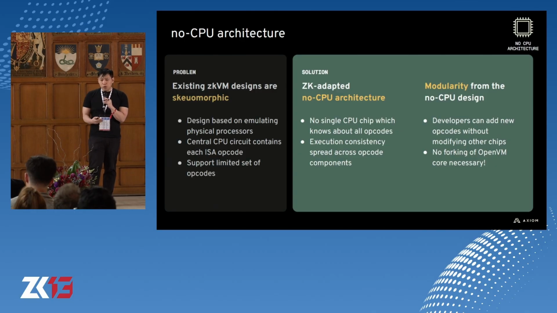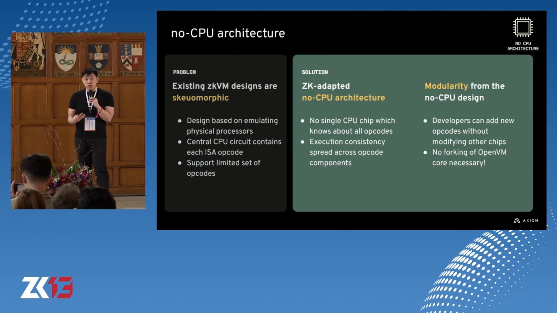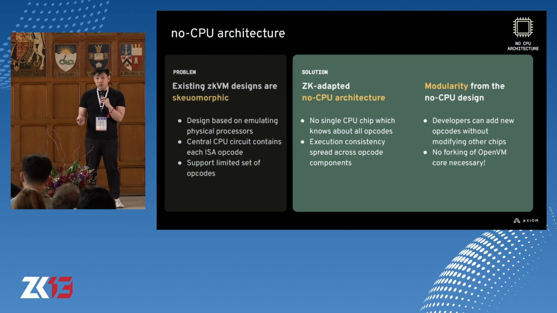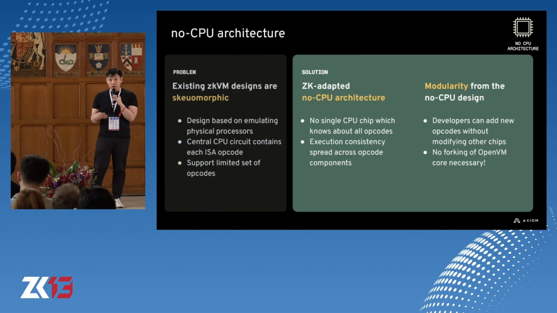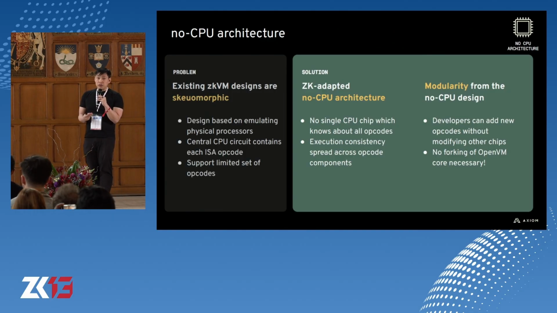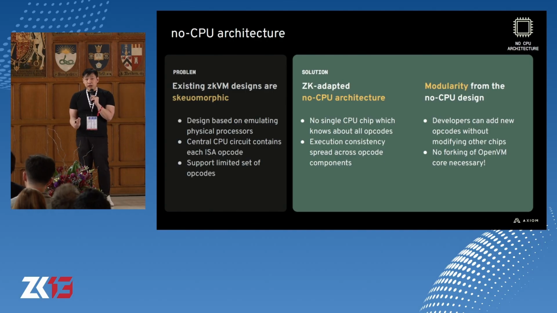So in OpenVM, we're introducing what we're calling a no CPU architecture. What that means is that there is no single chip in the OpenVM circuits that knows about all the opcodes. And so instead, the execution consistency of the VM is just spread out around different components, each of which only apply to one set of opcodes. So this has two advantages.